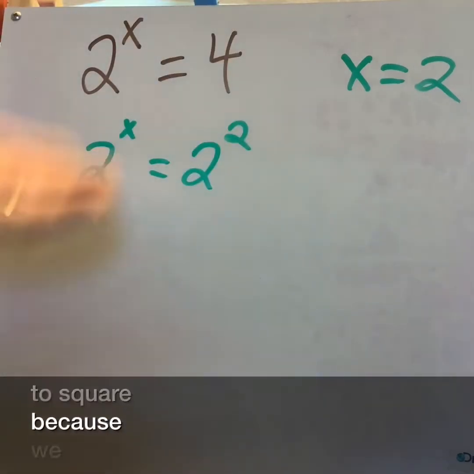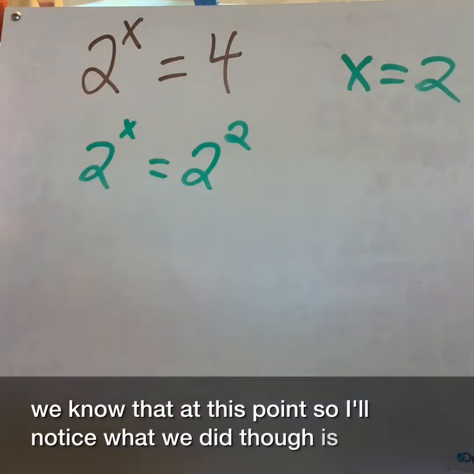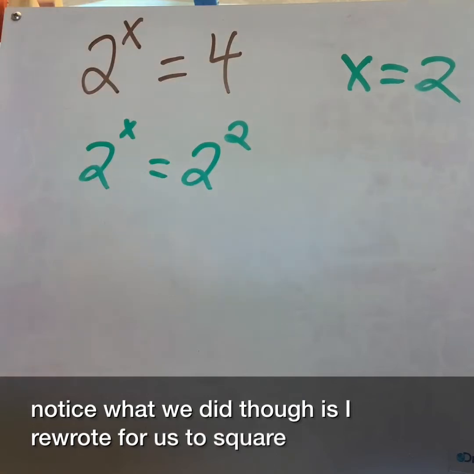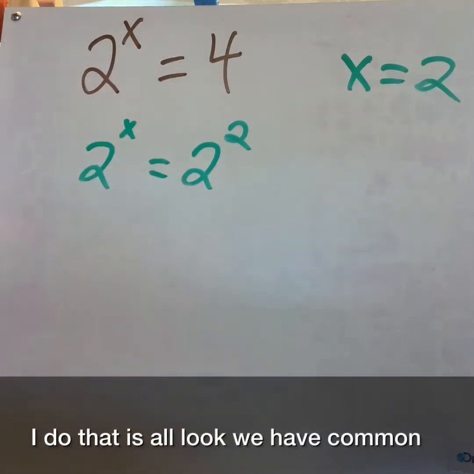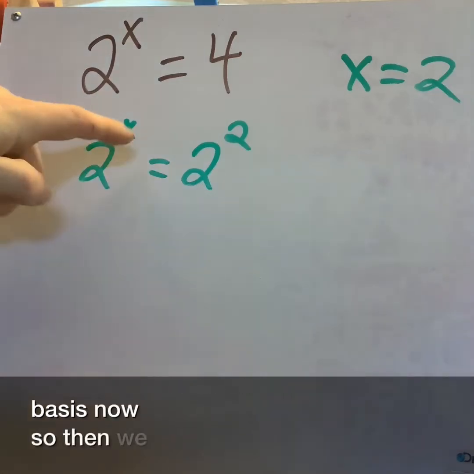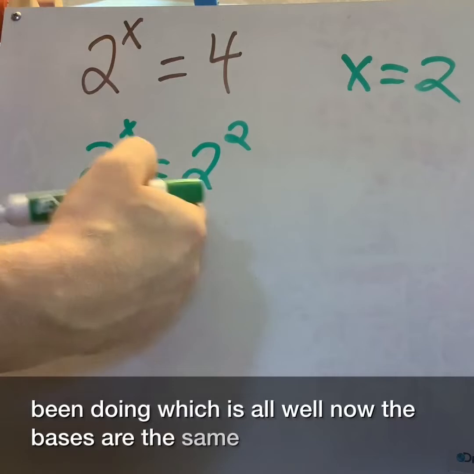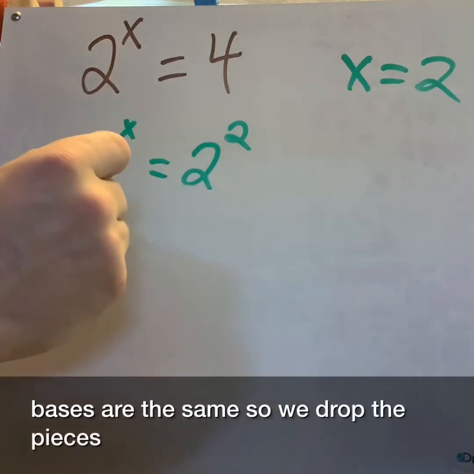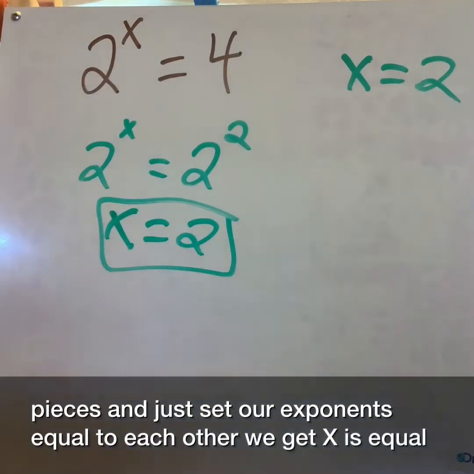So notice what we did: I rewrote 4 as 2 squared. Now, why did I do that? Oh, look, we have common bases now. So then we could just do what we've been doing. Now the bases are the same, so we drop the bases and just set our exponents equal to each other, and we get x is equal to 2.